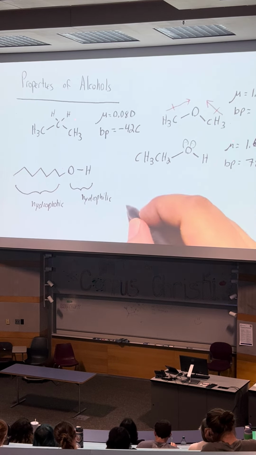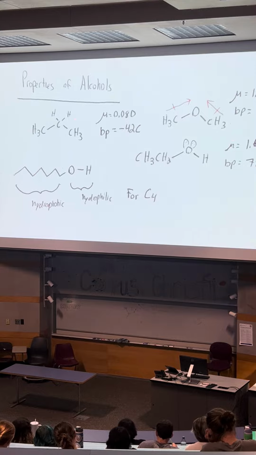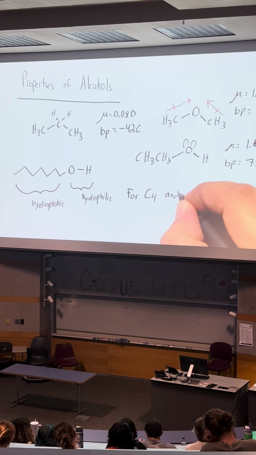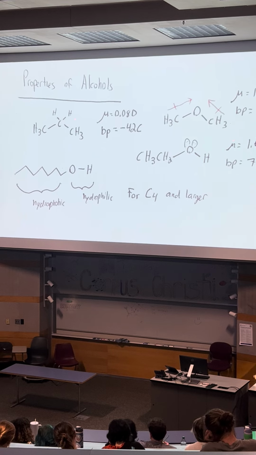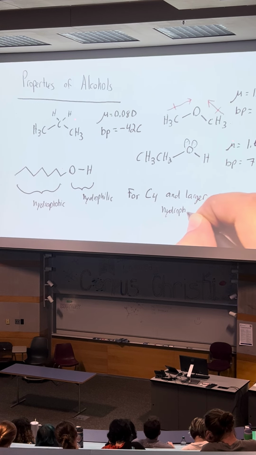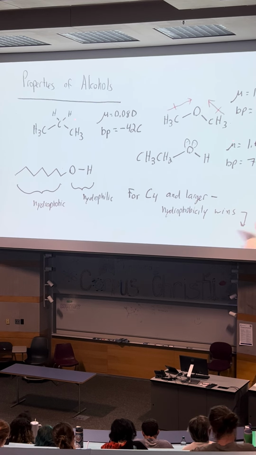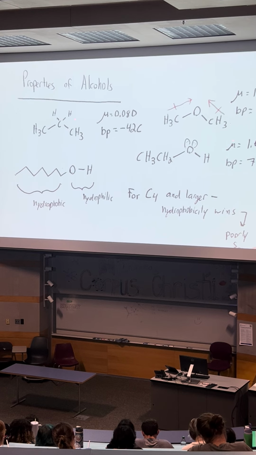Now, it turns out that for alcohols that have 4 carbons and larger, the hydrophobic component wins. So the hydrophobicity wins, which means that they are typically poorly soluble in H2O.